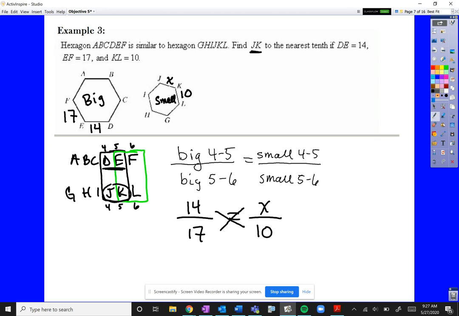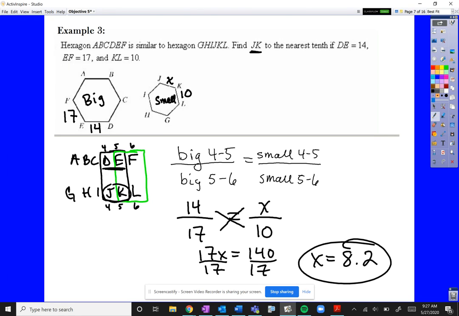Do our cross multiplying. 17x equals 140. Divide by 17. We get 8.235. To the nearest tenth, we get 8.2. So you have to make sure that you are making a proportion that follows the same pattern.